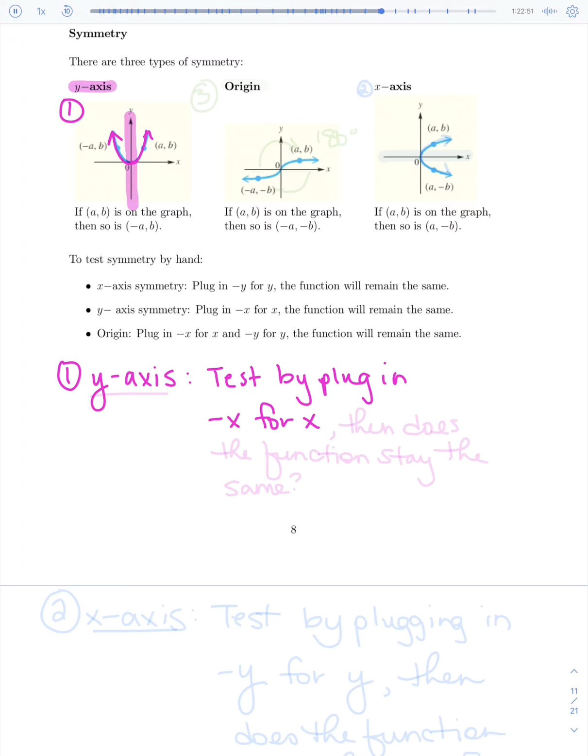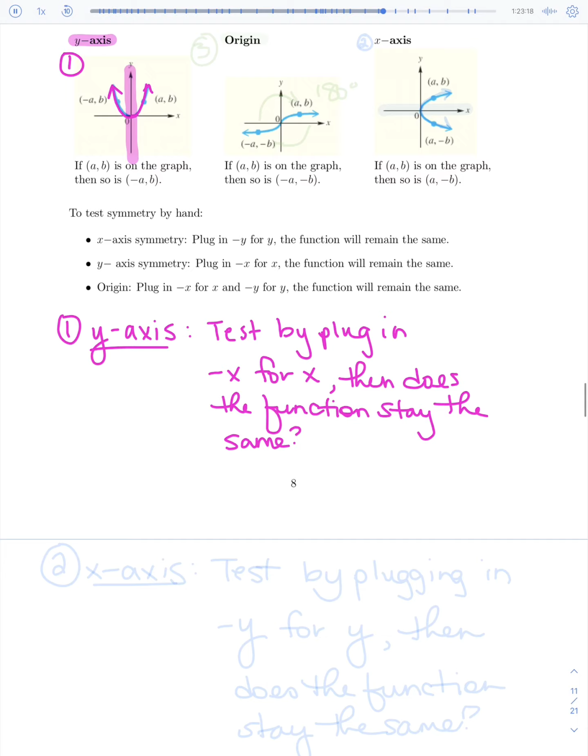So to test for y-axis symmetry, you plug in a negative x for all your x's, and the hope is that the function will stay the same. Does it stay the same? If it does, then absolutely it will have y-axis symmetry. If it does not stay the same, then it will not have y-axis symmetry.